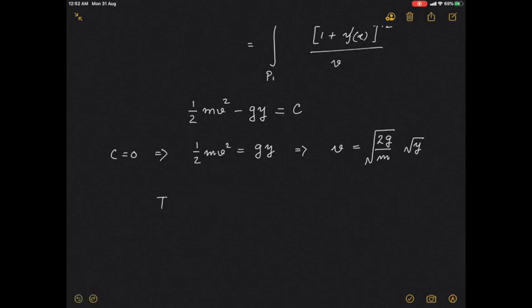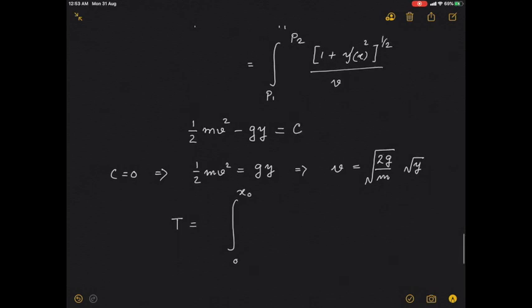Okay, so let me go back a little bit. So v is equal to root over of 2g by m. So let us calculate the time taken, which is an integral from x1, and x1 is 0, so integral from 0 to x0.